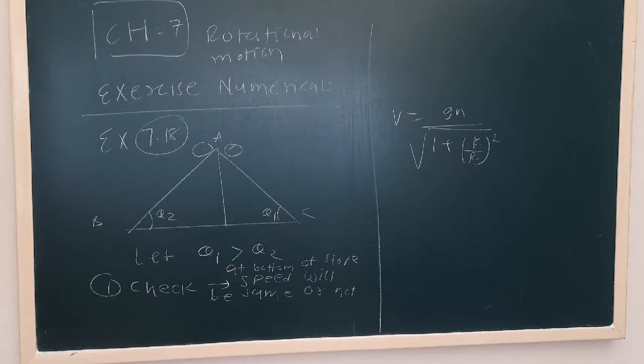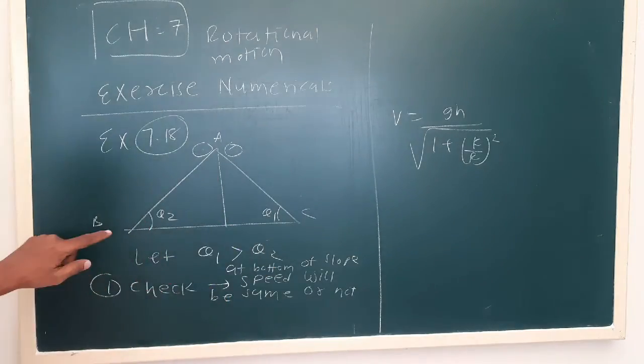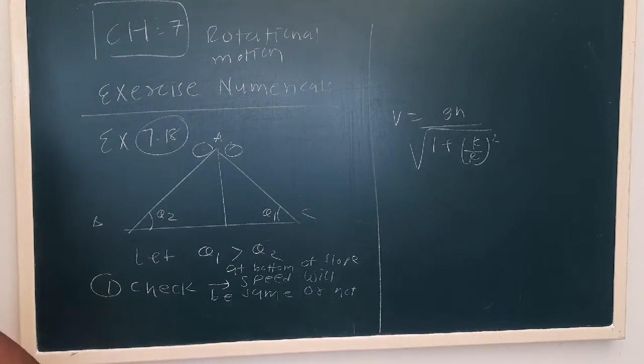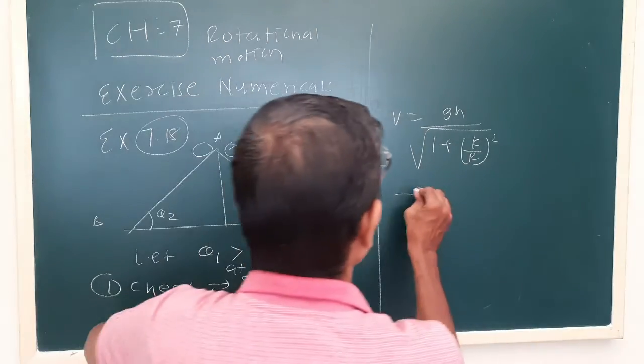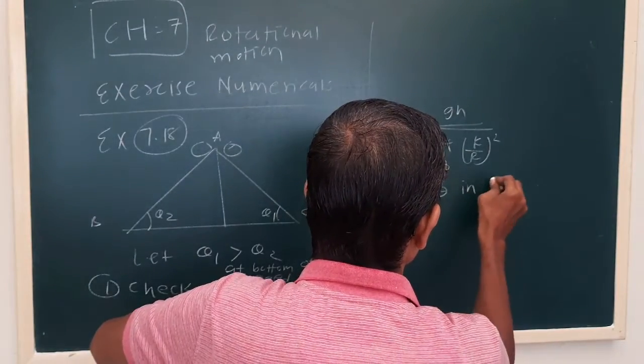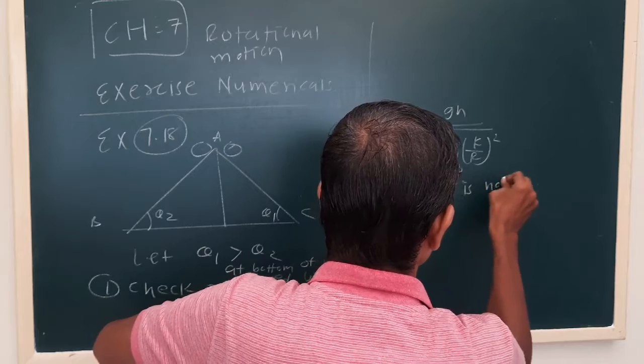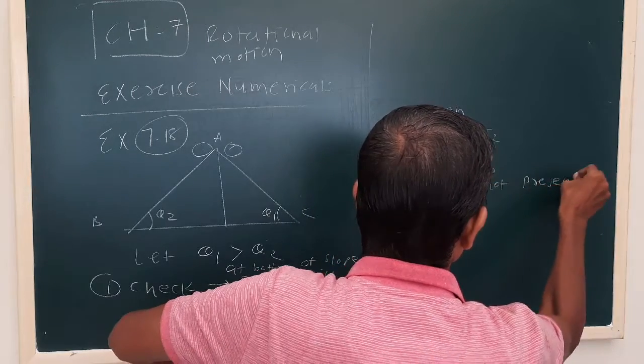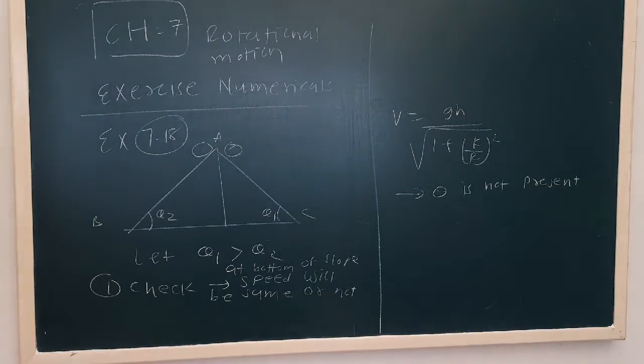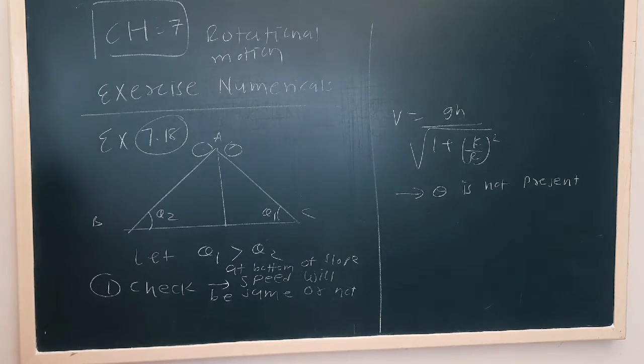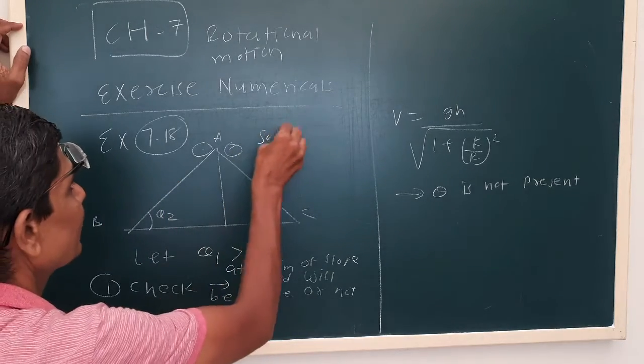Now see here, this is the velocity at the bottom of the slope. In this equation, theta is nowhere present. So that's why the object is the same. A solid sphere is given.